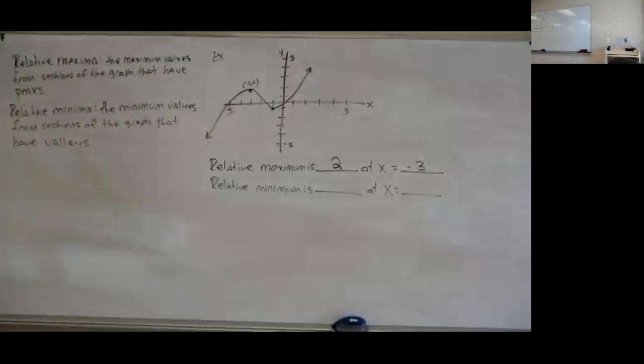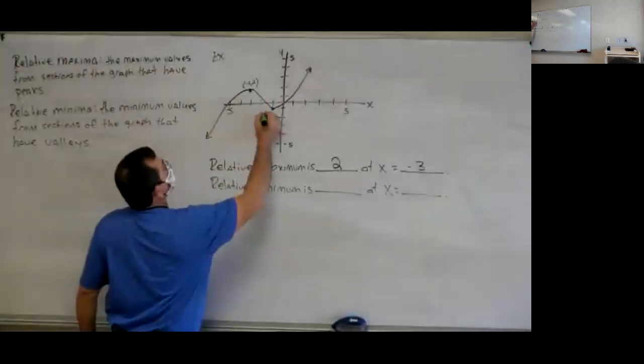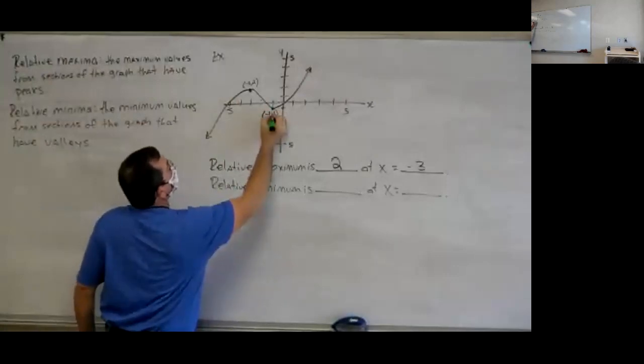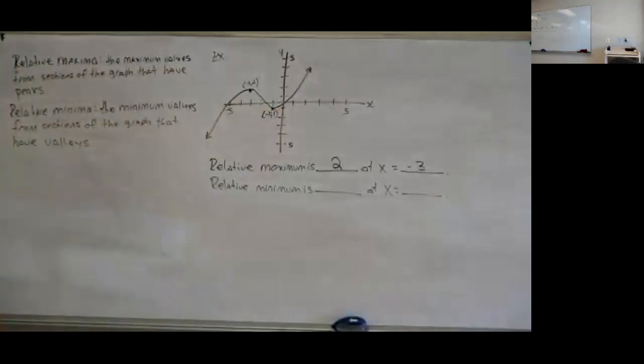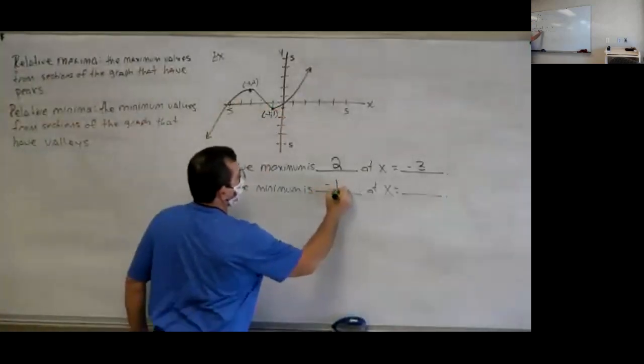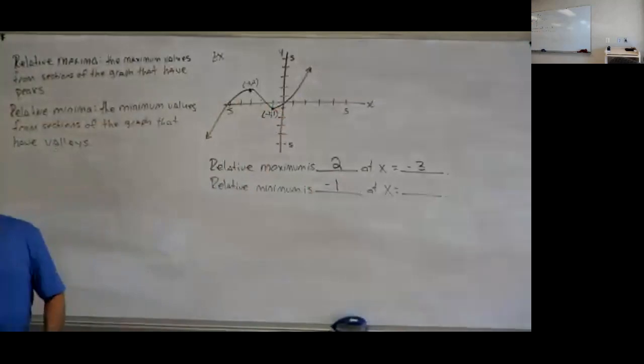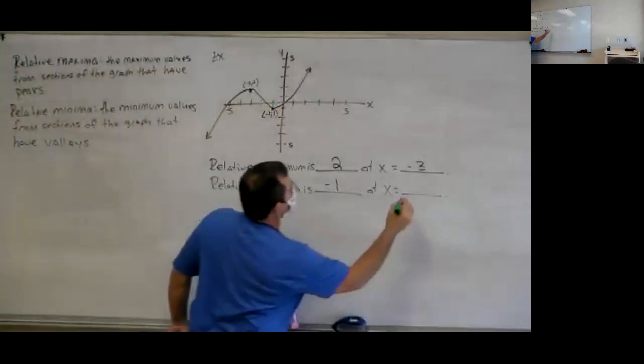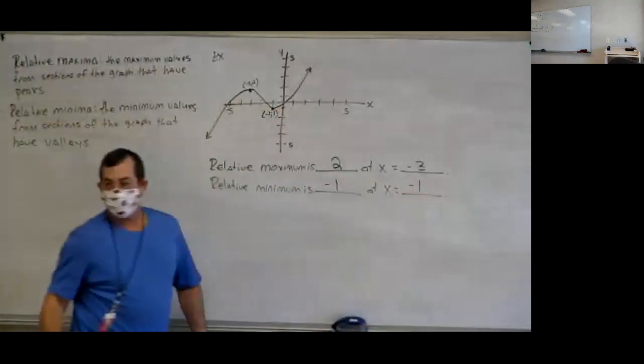So my relative minimum. And remember, I said this point was -1, -1. Which means that has a relative minimum of -1, which is the y value. And it happened that the x value also equals what? -1.